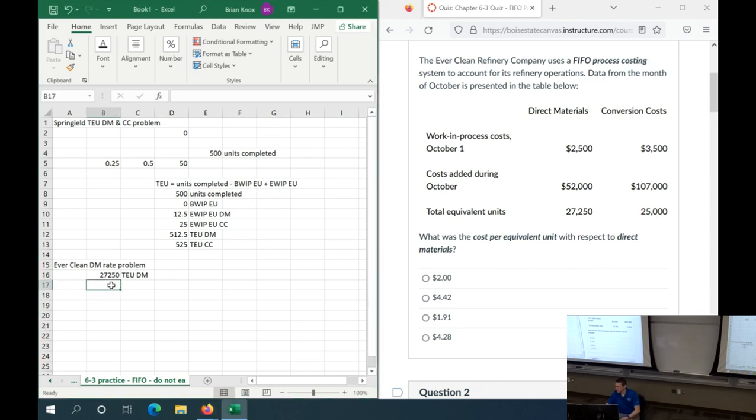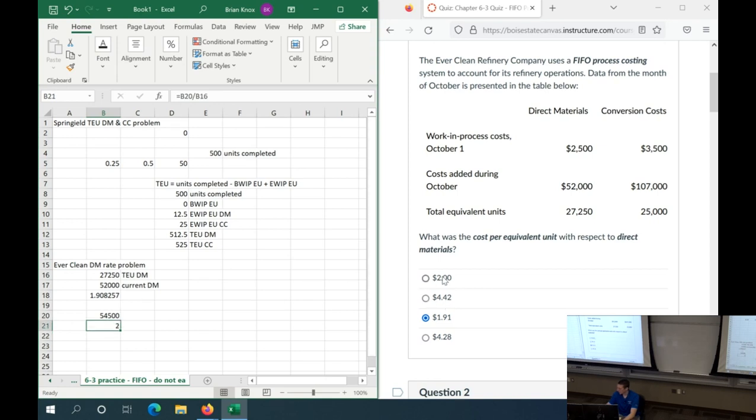Excellent. Okay. That's our current DM costs. This divided by this gives us 1.91 rounded. And if we had included beginning WIP, it goes to 2 even.